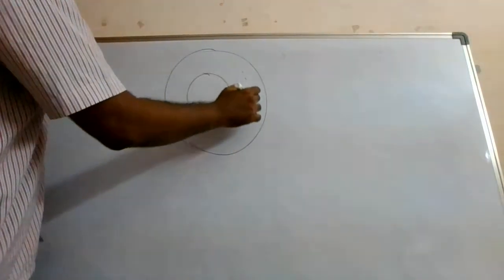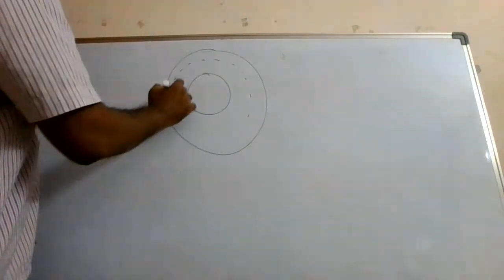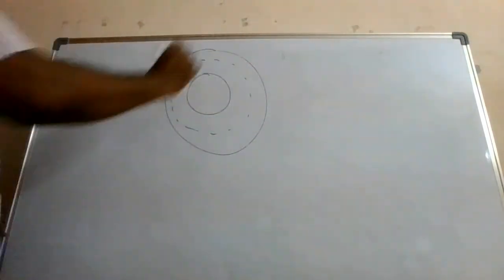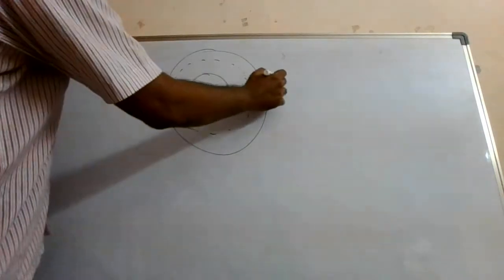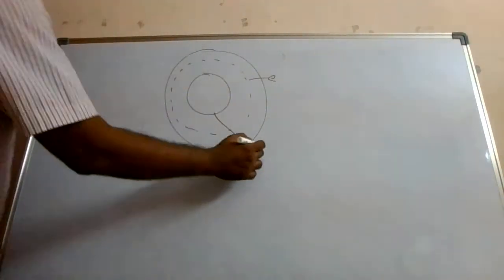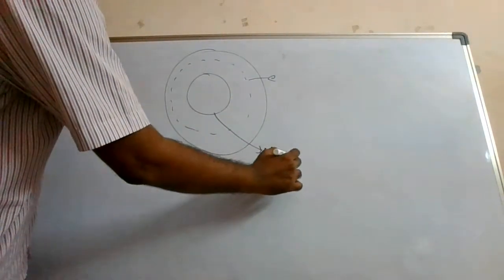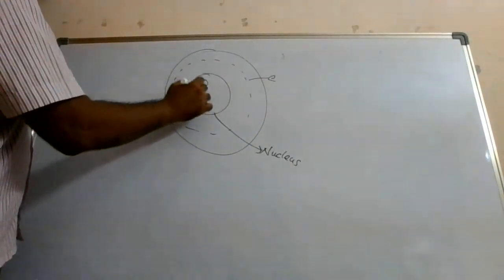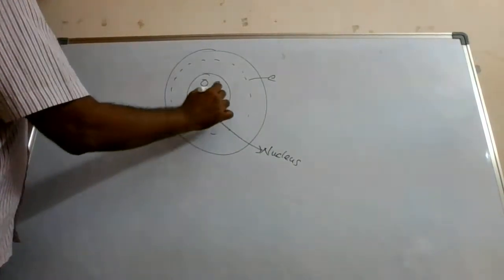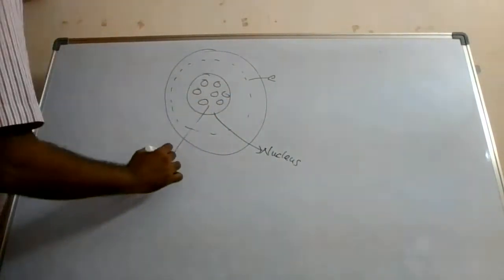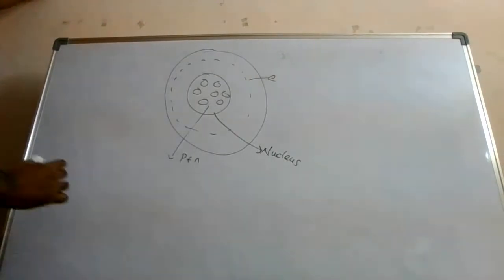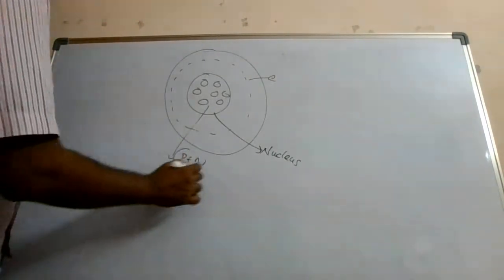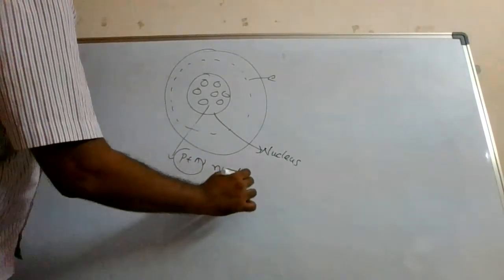Here the electron is rotating somewhere, we don't know where, but there is an electron cloud. This is our nucleus. Inside the nucleus, what do we have? We have nucleons, we have protons and neutrons, these are called p plus n. P is protons, n is neutrons. These put together are called nucleons.